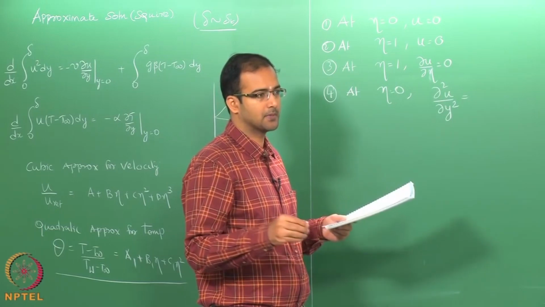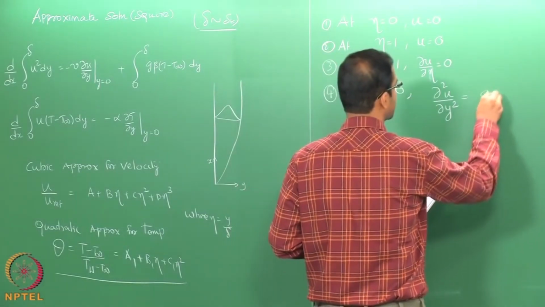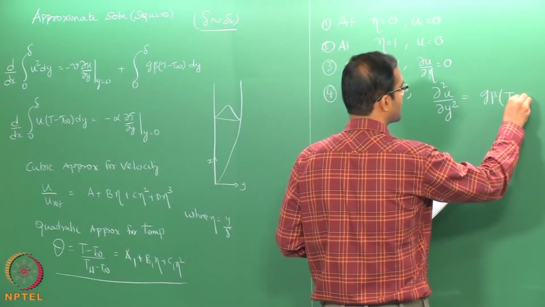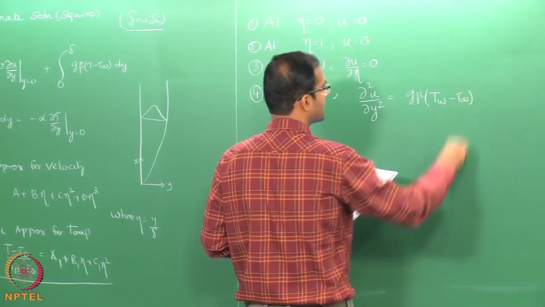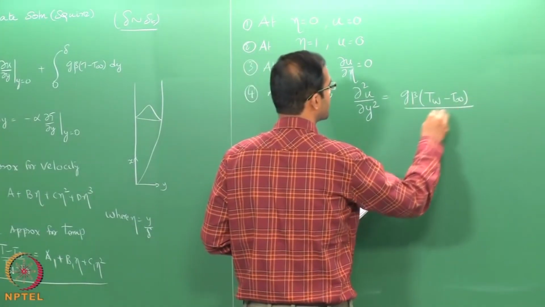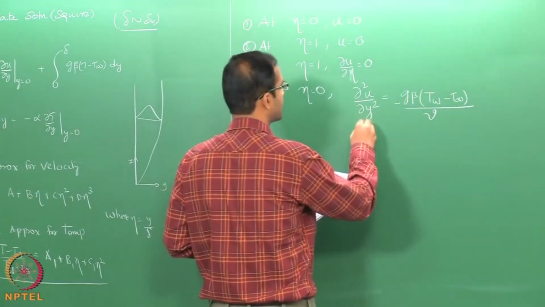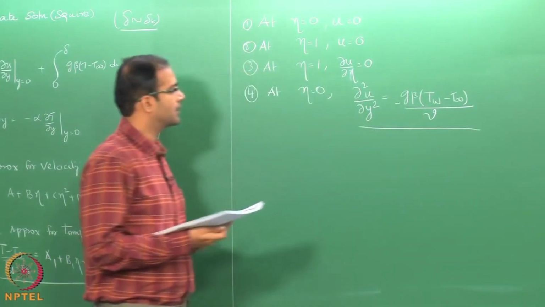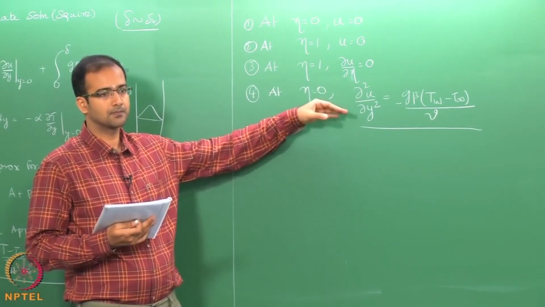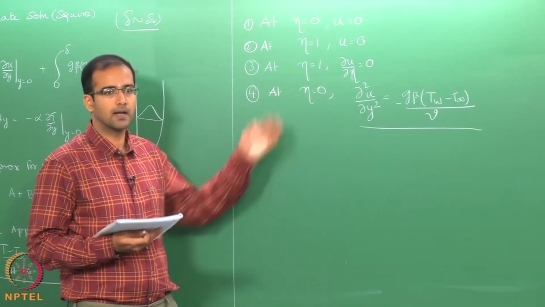From the momentum equation, tell me. g beta into T wall minus T infinity by nu, and then a minus sign. So, you see that the boundary condition at eta equal to 0 is for the second derivative. So, before giving this, we have to give a first derivative boundary condition at eta equal to 1. We cannot directly jump to this.